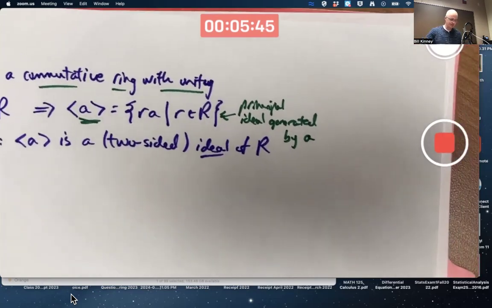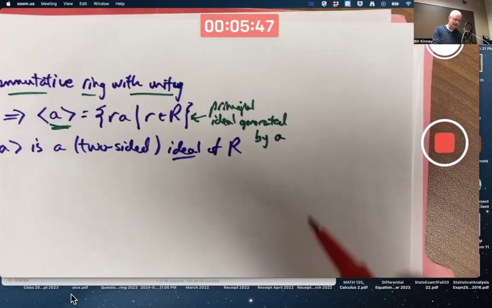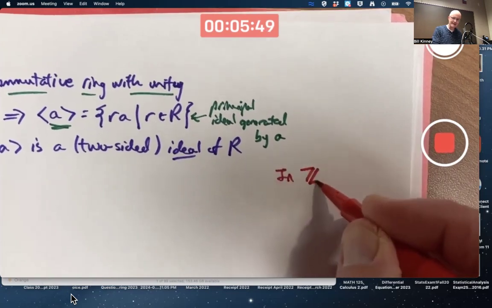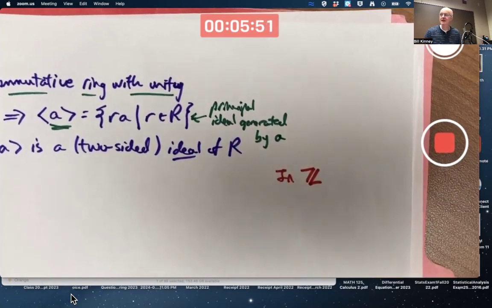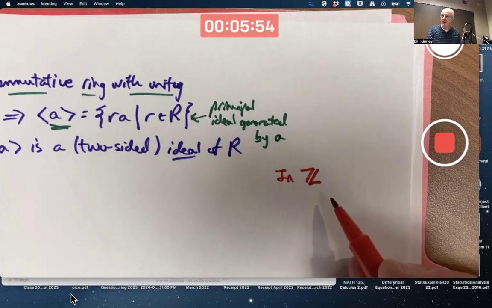As an example, in the ring Z, the integers, that forms a ring. It's an abelian group under addition, as we've always known. It's also a ring. It's got a multiplication that's closed, associative, and distributive over addition.